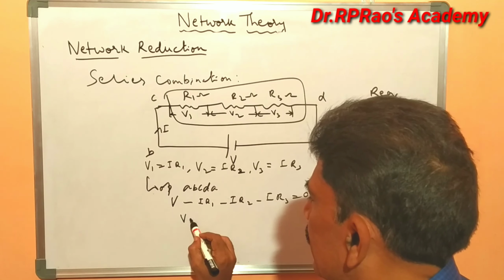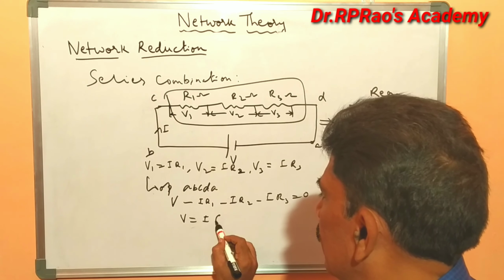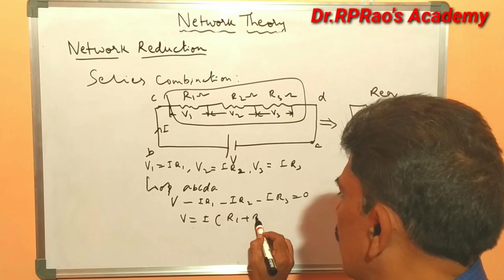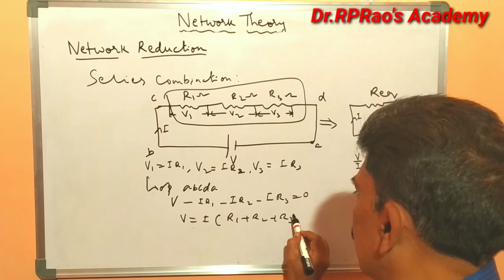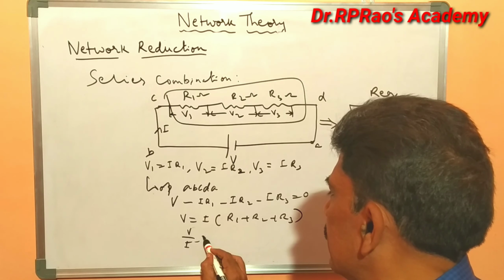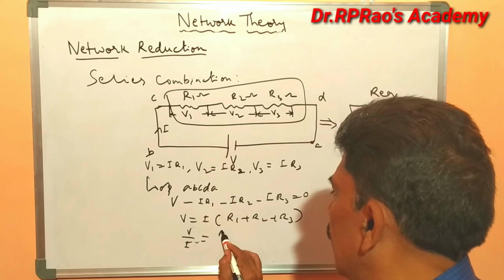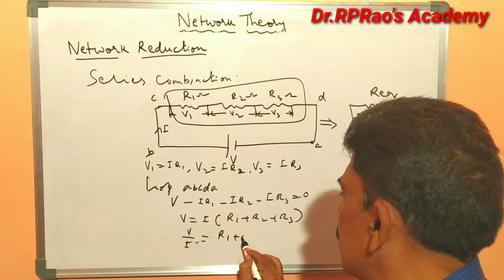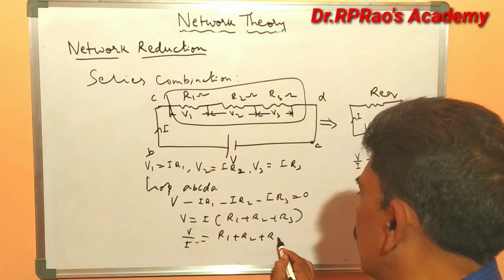So V is equal to I into (R1 plus R2 plus R3). So V by I is equal to R1 plus R2 plus R3.